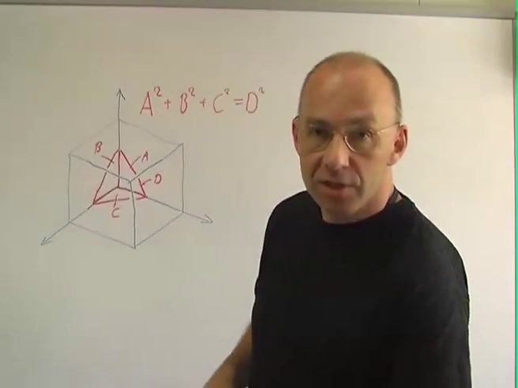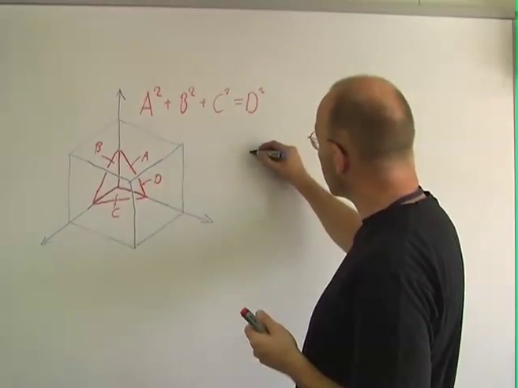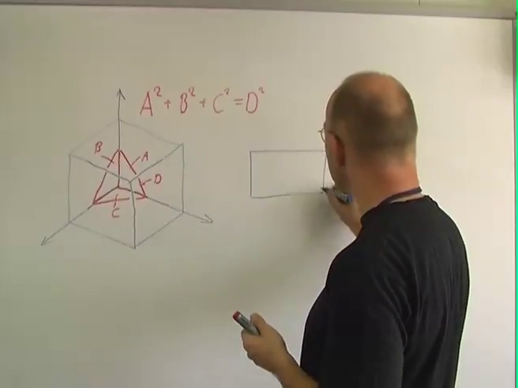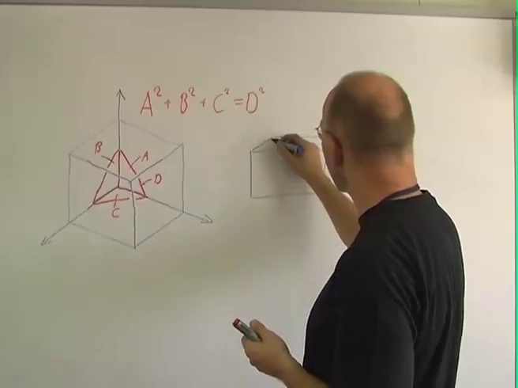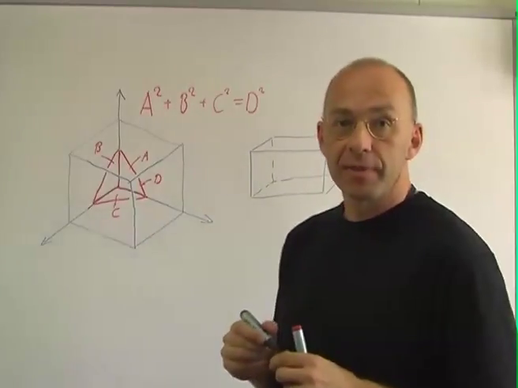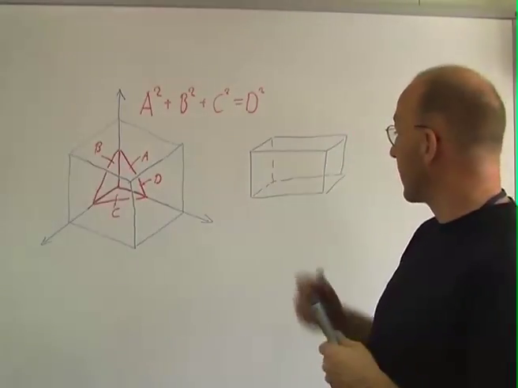All right? So a similar setup goes like this. We start with a rectangular prism this time, so it's basically just a brick, right? So here's the brick. And in that brick, we have a diagonal.